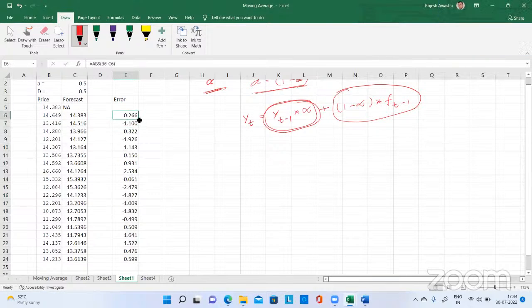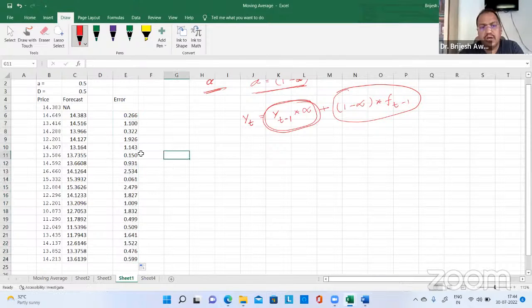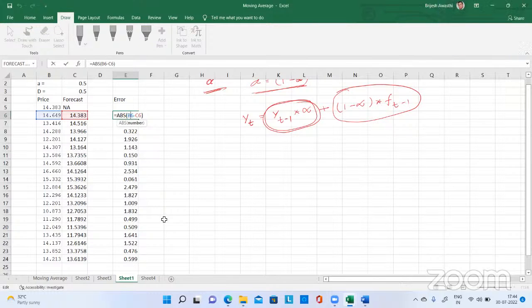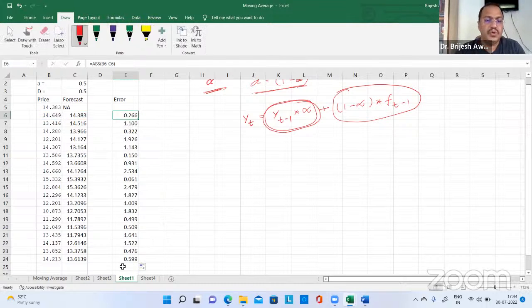Yes, sir. With the help of the ABS formula, we can take absolute values. And now I'm going to calculate the average of the absolute values.